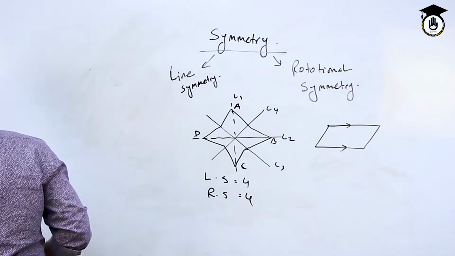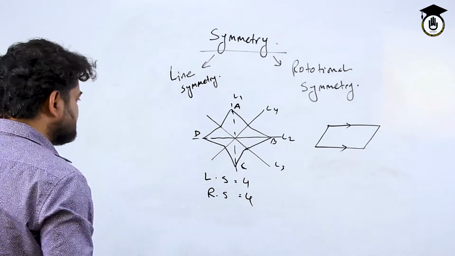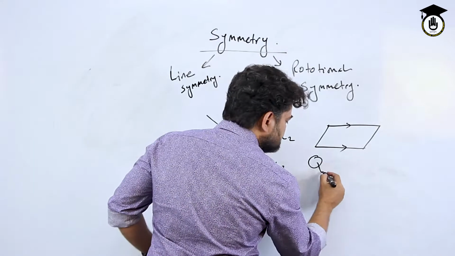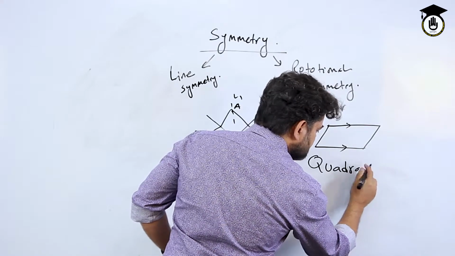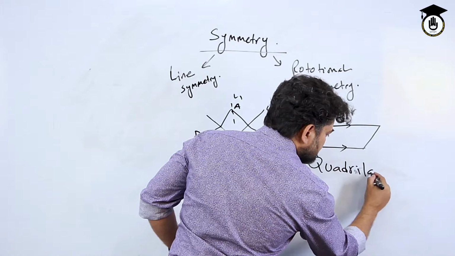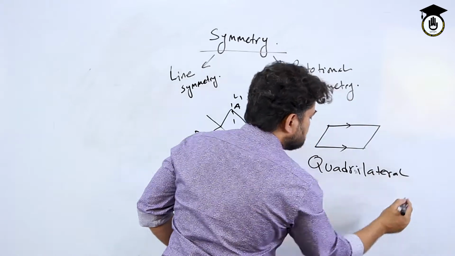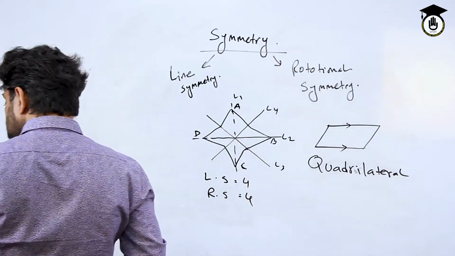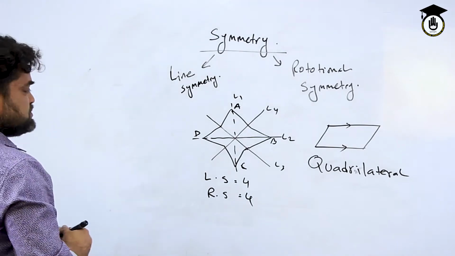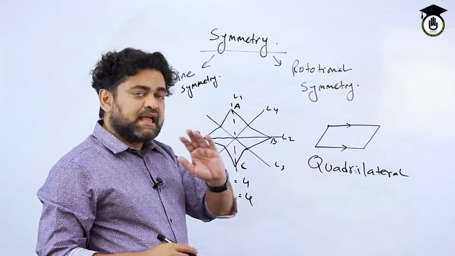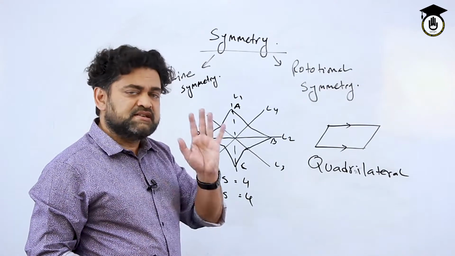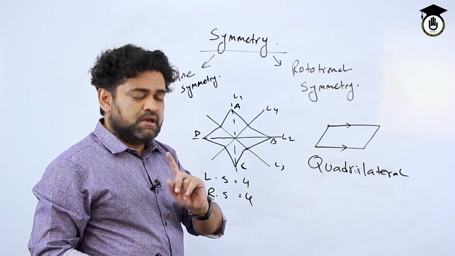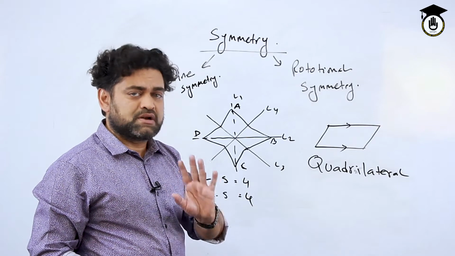Quadrilateral, Q-U-A-D-R-I-L-A-T-E-R-A-L. Quadrilateral basically we use to say a four-sided figure like rectangle, square, parallelogram, rhombus. These all are four-sided figures. In one word, we can say these four are quadrilaterals.